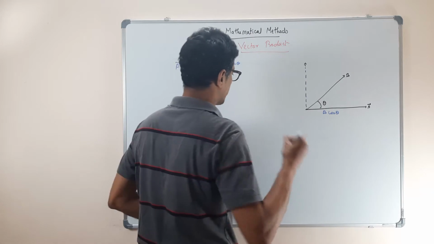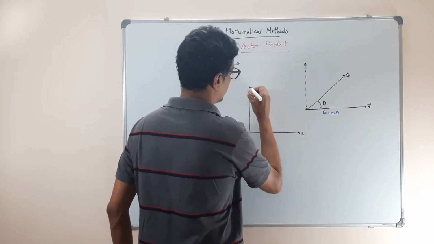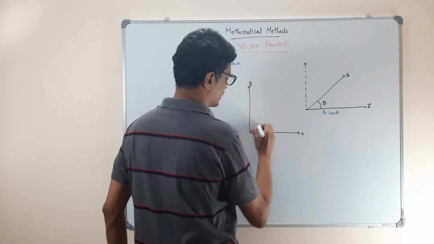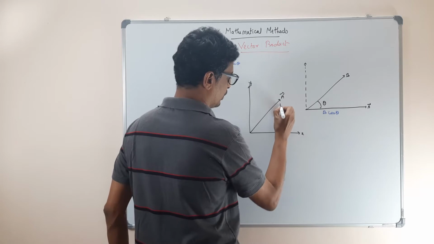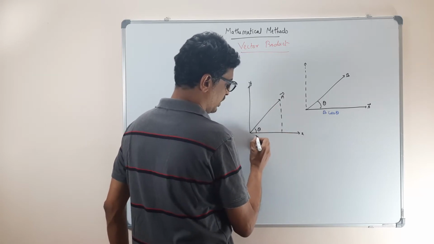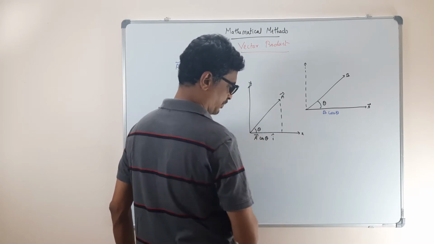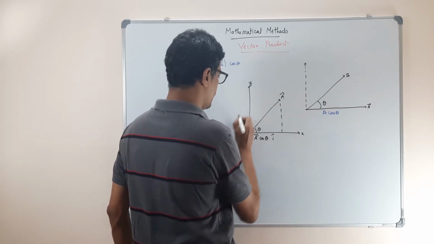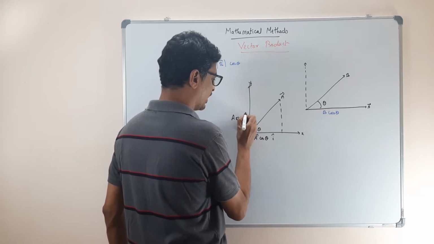Given a vector, if this is the axis x and y, and this is the vector, say a vector, its component along x, if this is the angle theta, will be a cos theta into i cap, and along y will be a sin theta into j cap.